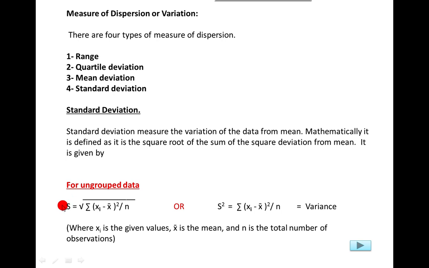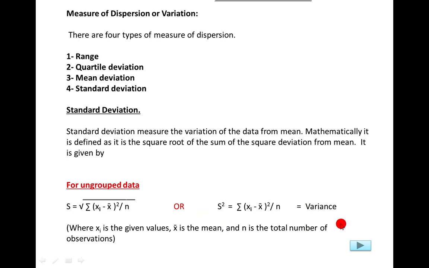If you take square of this term, root sign will be cancelled, it is called variance. This is the variance. Sometimes in some methods we use the variance, like F test, etc. And standard deviation, both are approximately same. Formula is same, we use standard deviation or variance according to the requirement.